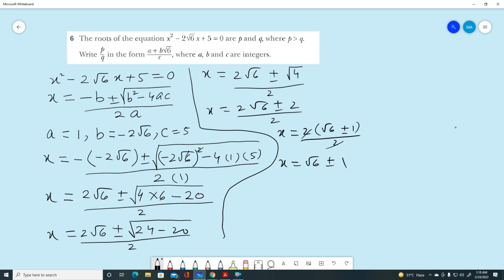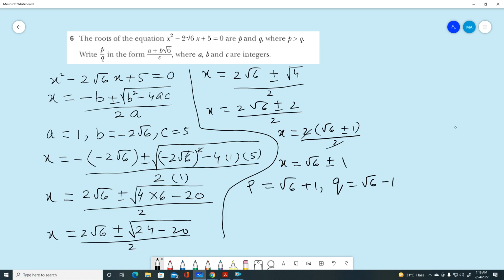So we have found two solutions, or you can say two roots, no matter, both are the same. And according to the question, these two roots are called p and q. So we will assign the value of p as root 6 plus 1 and the value of q as root 6 minus 1.